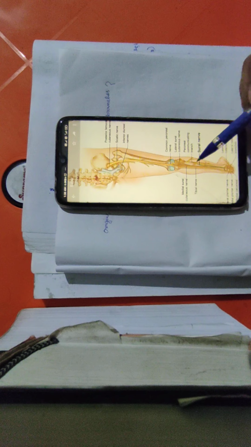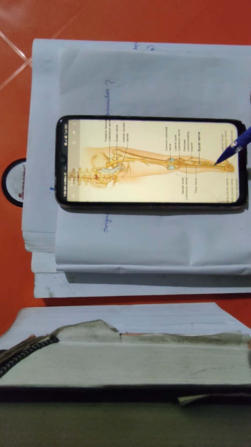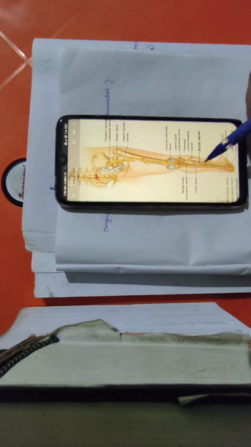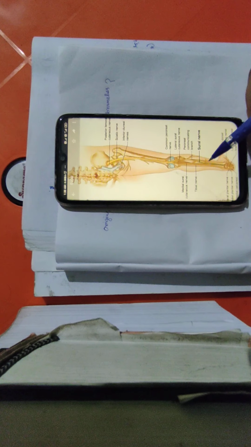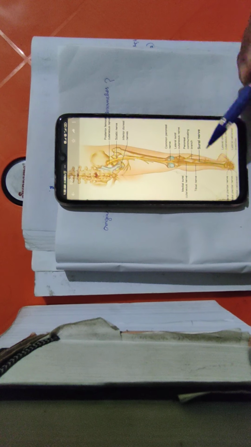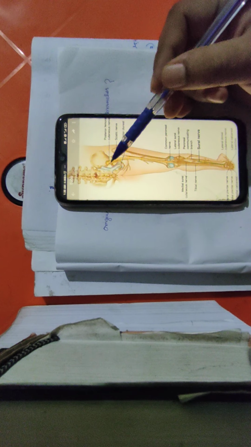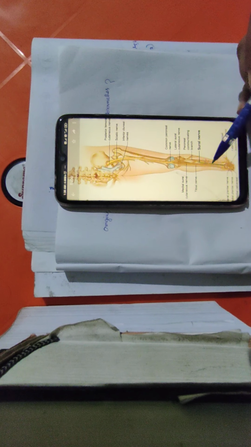These two nerves unite together and continue as the sural nerve. The sural nerve specially supplies the triceps surae muscle, that means the soleus and gastrocnemius muscles. This way the sciatic nerve is situated.